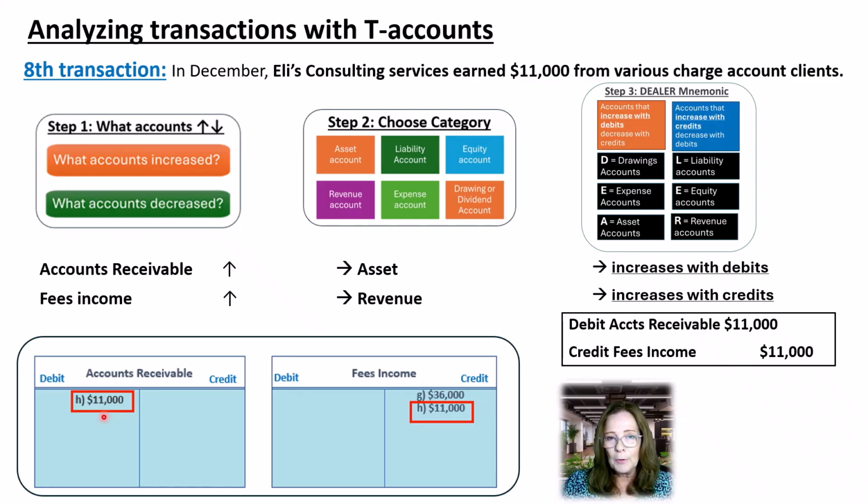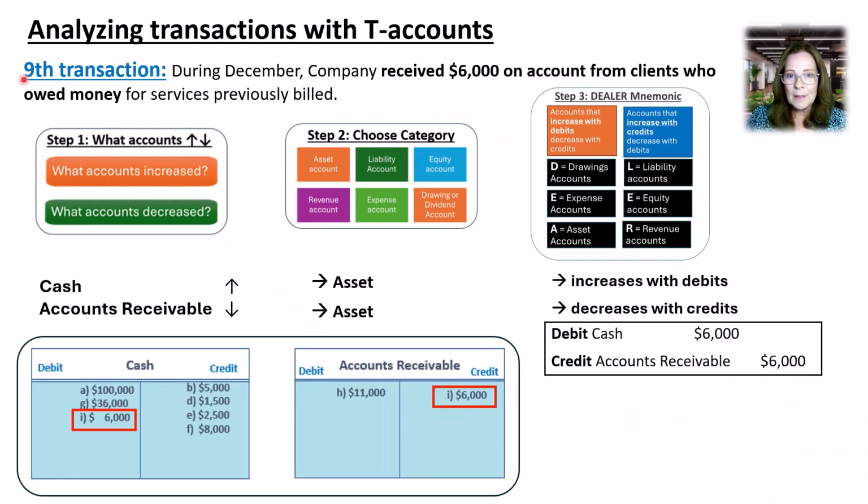The revenue account fees income increased as well, and we learned in step 3 that revenue accounts increase with credits on the right side of the T account. We find the T account for fees income, write the transaction letter H and the amount of $11,000 into the credit column of the fees income T account. Let's move on to transaction number 9.